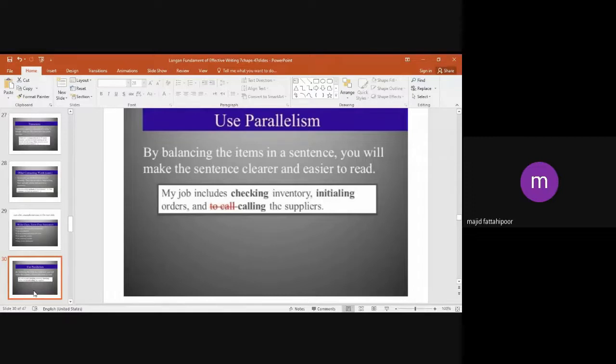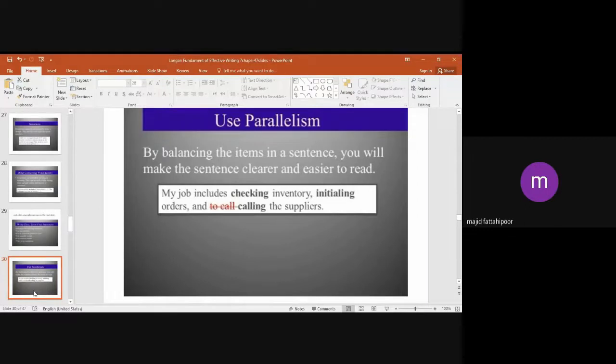You keep your writing consistent by using gerund up to the end. You suddenly do not shift to infinitive in the middle of the paragraph. For example, this one, to call is not parallel, and calling is parallel. And it also depends on the context. Sometimes you cannot use gerund, you use infinitive, sometimes vice versa. But whatever you use, use it consistently.